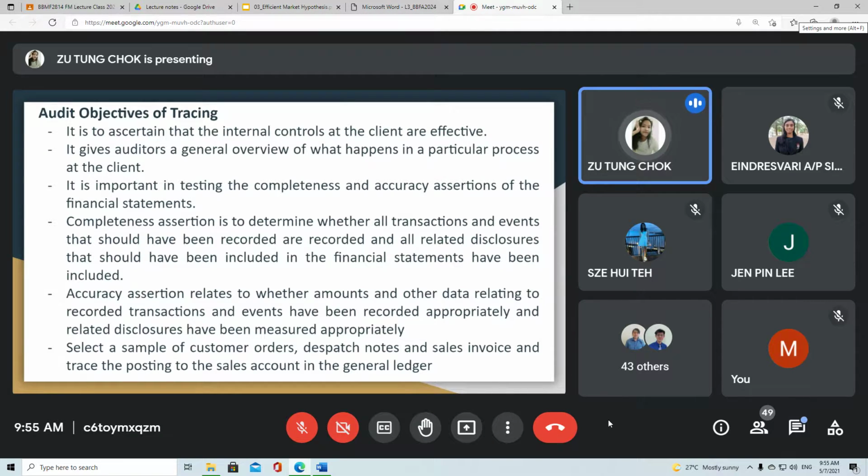The procedure is select a sample of customer orders, dispatch notes and sales invoice, and trace the posting to the sales account in the general ledger.